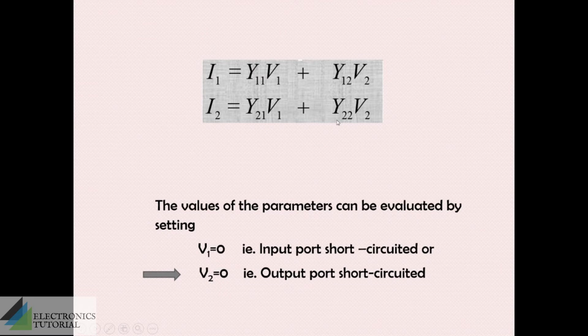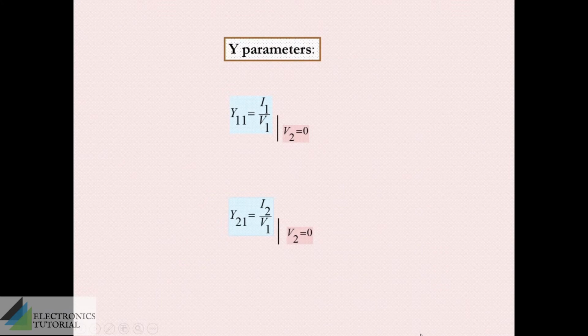Here, this term will get cancelled and the remaining will be I2 is equal to Y21 into V1. This means Y21 will become I2 divided by V1. These are the two relations that we obtain by applying the condition V2 is equal to 0: Y11 is equal to I1 by V1 when V2 is equal to 0, and Y21 is equal to I2 by V1 when V2 is equal to 0.